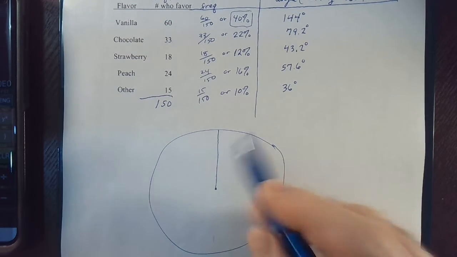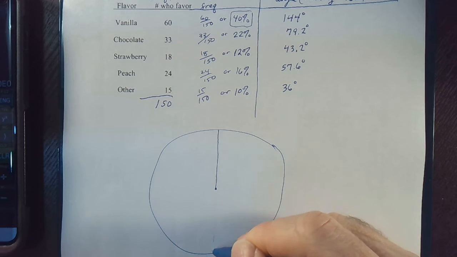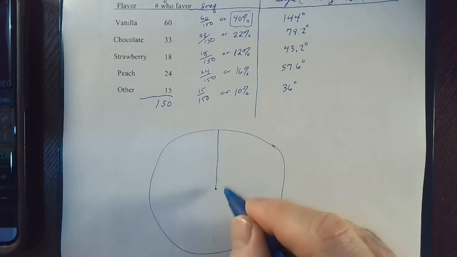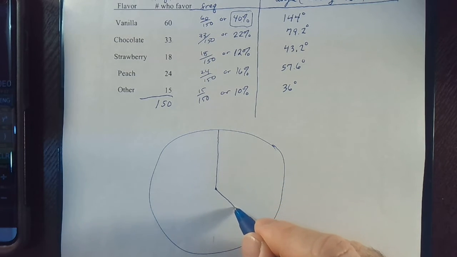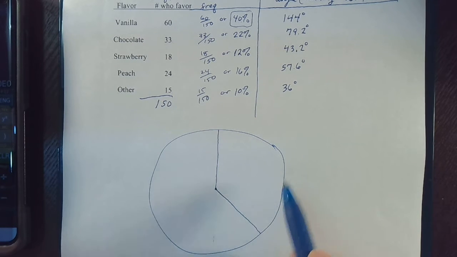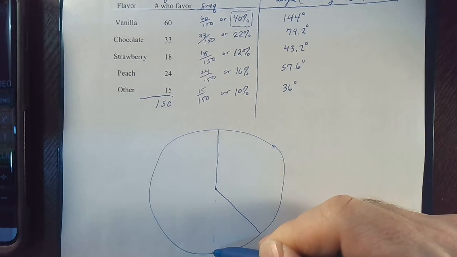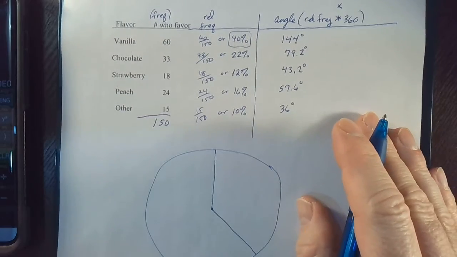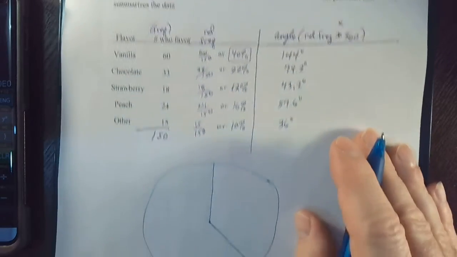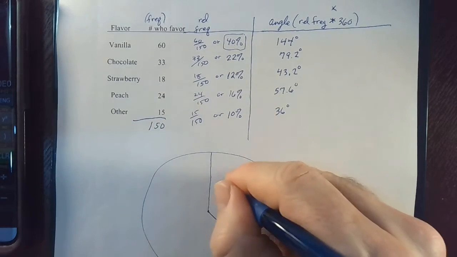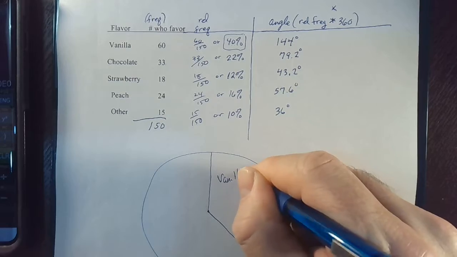If that's 90 and that's 180, I think 145 would be pretty close to this right here. Kind of in between a 90 degree and a 180 degree. All right, so let's go ahead and write, I don't want to write the angle, I'm going to write the percentage. This is 40%, and what does it represent? Vanilla.